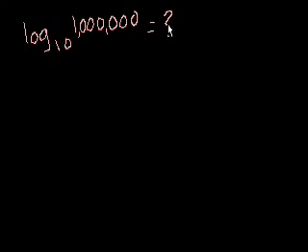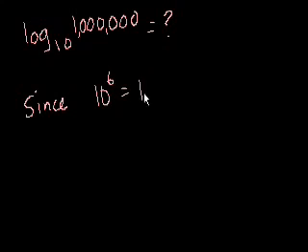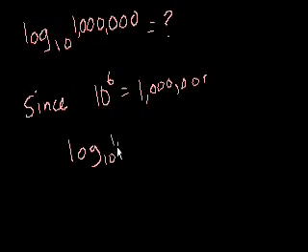So since 10 to the sixth power is equal to 1 million, log base 10 of 1 million is equal to 6. Just remember, this 6 is an exponent that we raise 10 to to get the 1 million.